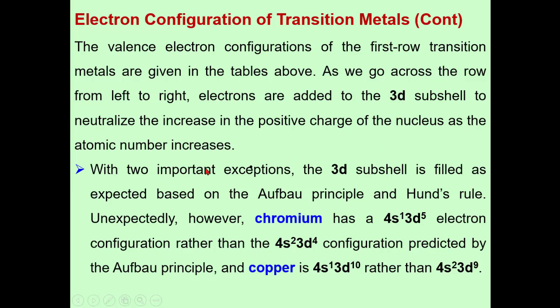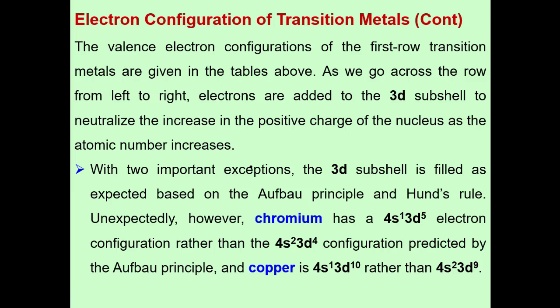So here, according to our principle, chromium would follow the electronic configuration 4s2 3d4, which is not correct. We have to follow the 4s1 3d5 electronic configuration. And similarly for copper, that is 4s1 3d10.